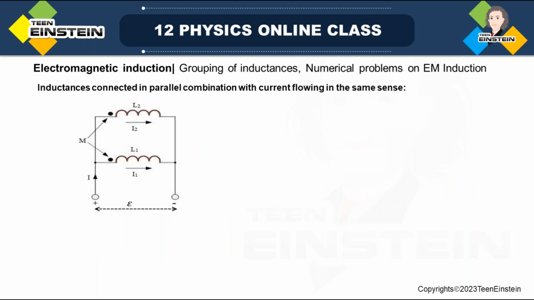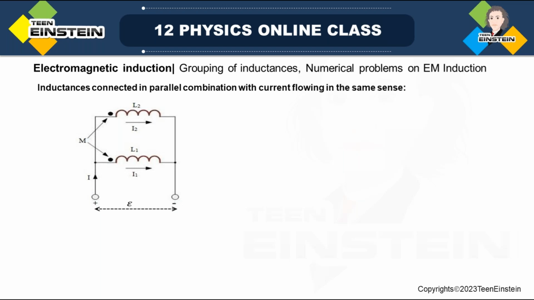Okay, so now we'll see if the inductor coils are connected in parallel, what happens in that case? What will be the equivalent inductance of the combination? In this case also, the parallel connection can be made in two ways.